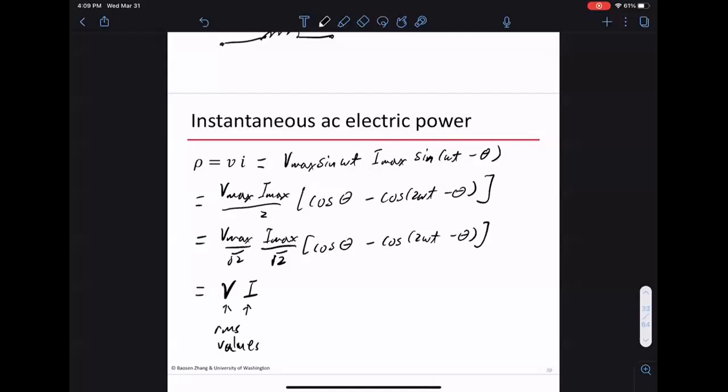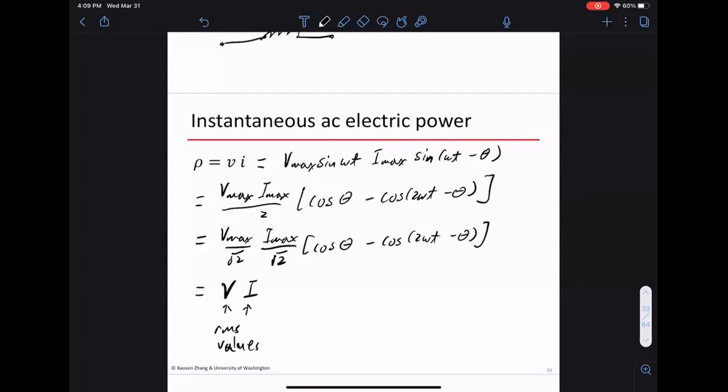This is also nice because when we talk about voltage and current, most times we do talk about them in terms of RMS values. And it turns out that's very convenient, because when we talk about power, we want V times I, and for sinusoids the V times I are the RMS values.